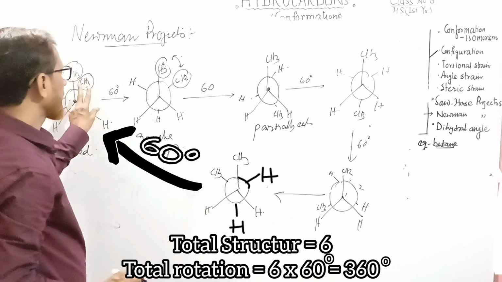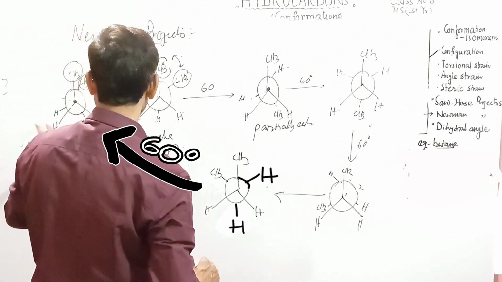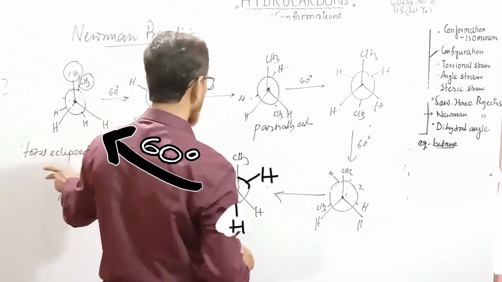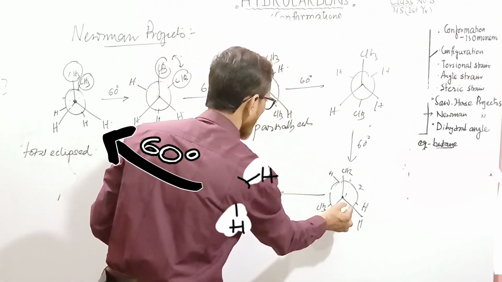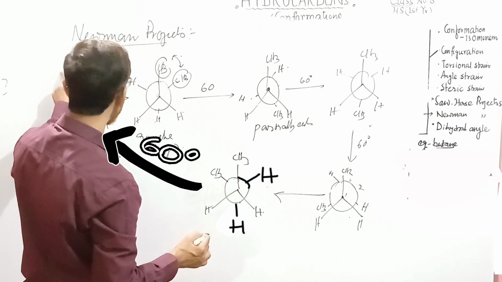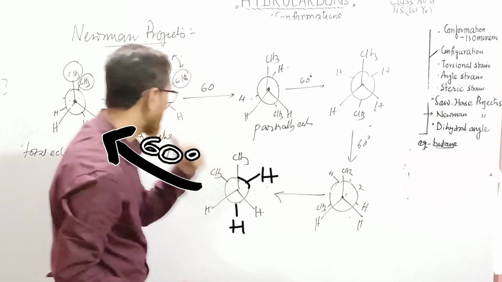So out of this we have seen total eclipsed and partially eclipsed, because in total eclipsed two CH3 groups are side by side, and in partially eclipsed one bigger group and another smaller group are side by side.